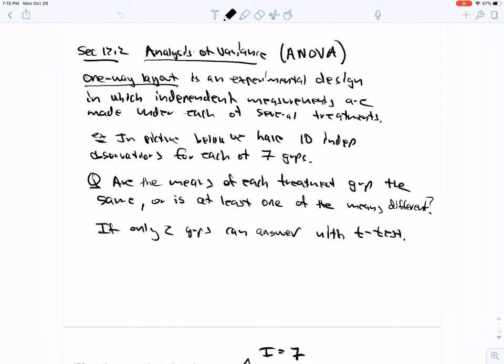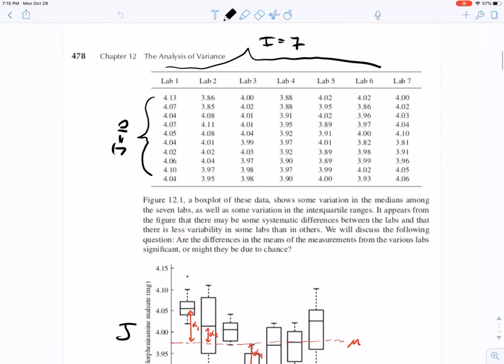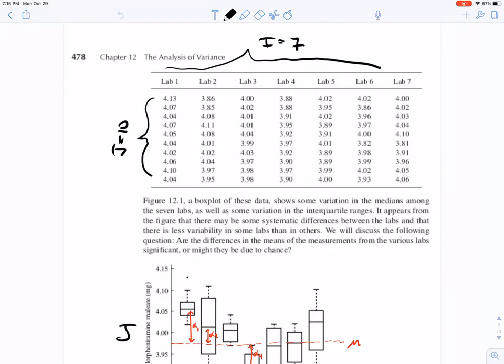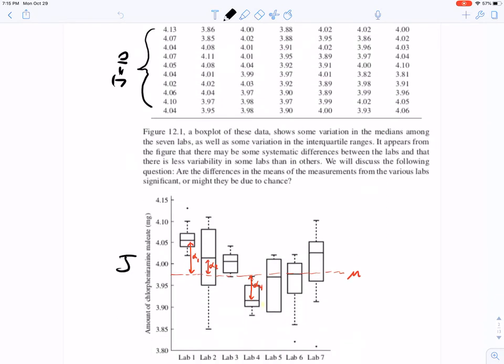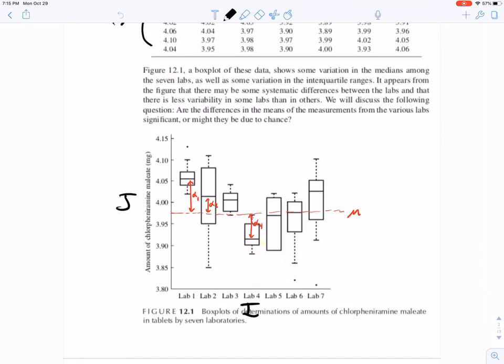So in this picture here, we have 7 treatment groups and 10 observations per treatment group. This is represented in this box plot below.